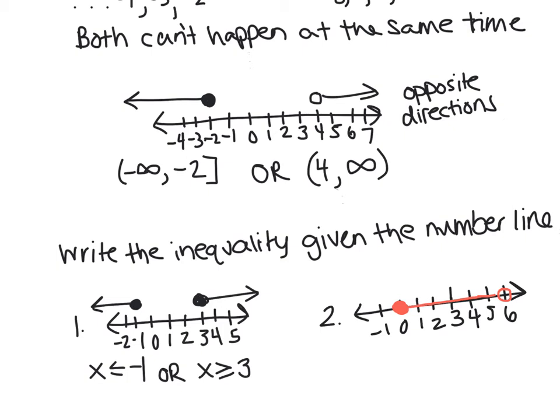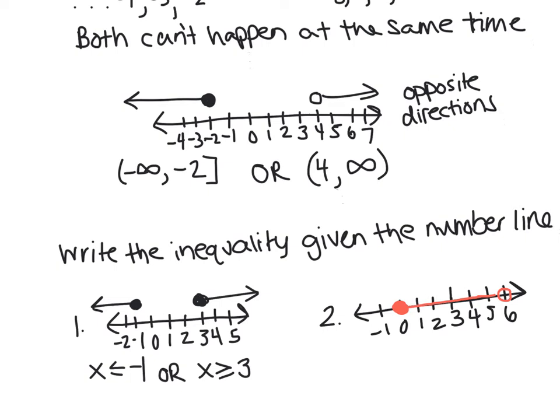So I drew this one right on the number line because sometimes you'll see that. I just think sometimes it's hard to see, so that's why I do it above. But this one, it's shaded in between, which tells me both of these things are happening at the same time. Our number is bigger than 0, but also smaller than 6.